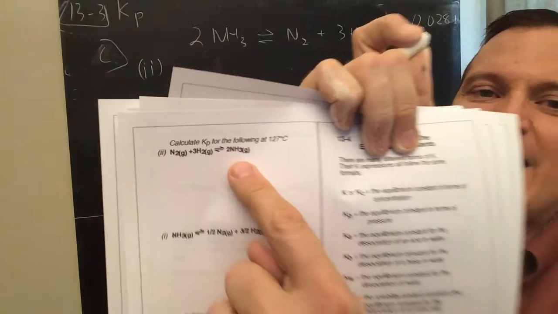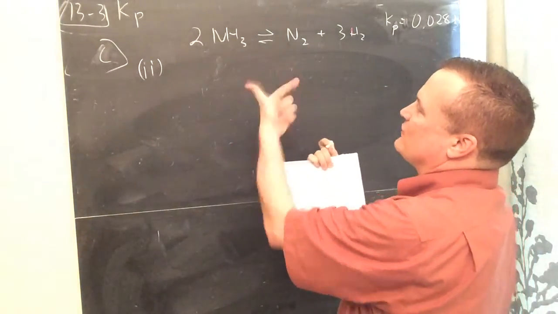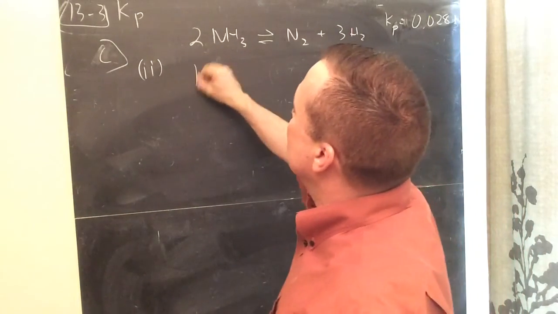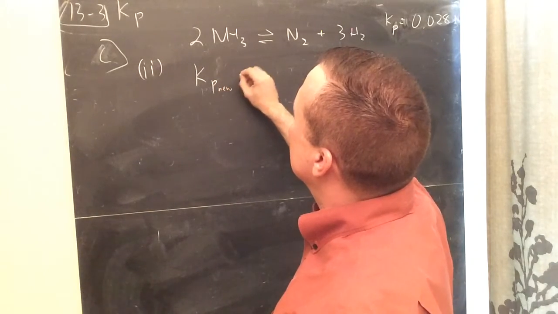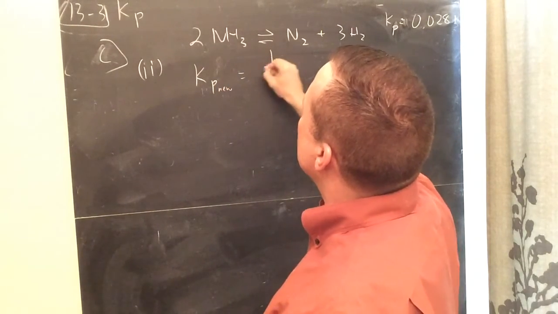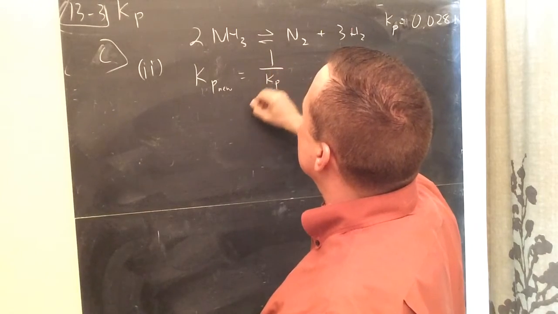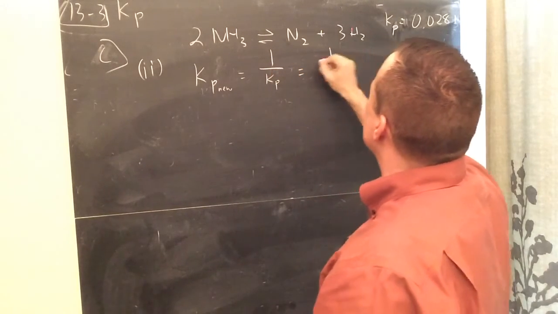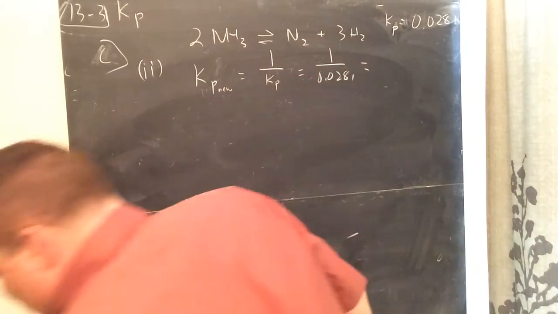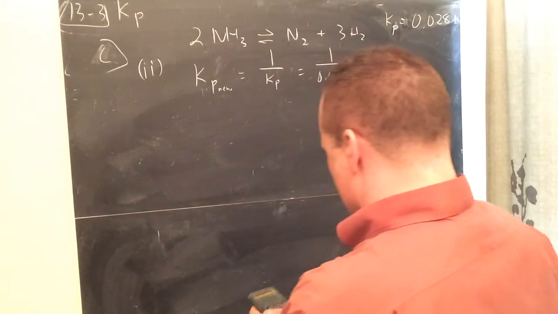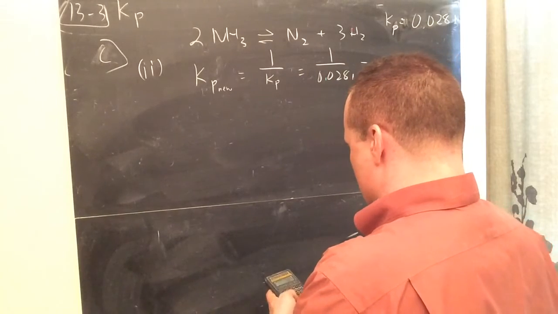We take the same reaction that you see up here and we reversed it. So the new Kp will equal 1 over the old Kp. Okay? So remember that, 1 over 0.0281. You can be sure that this will pop up somewhere, 1 divided by 0.0281.